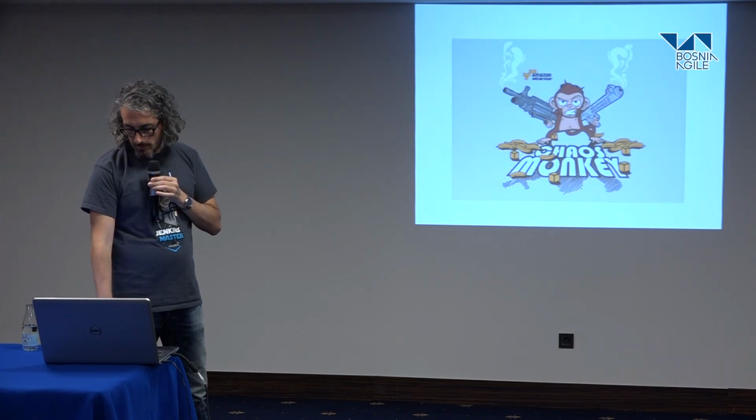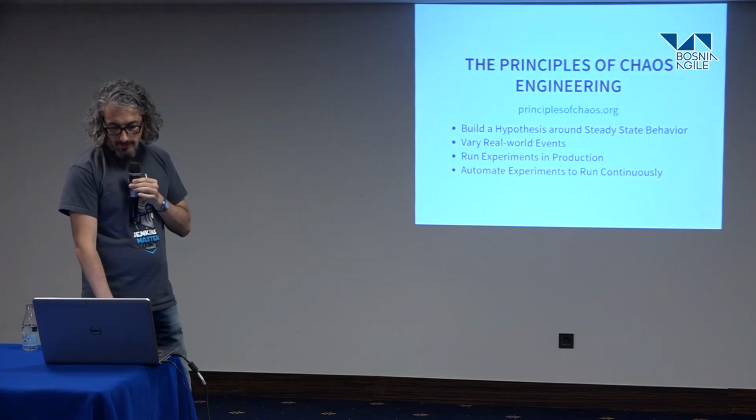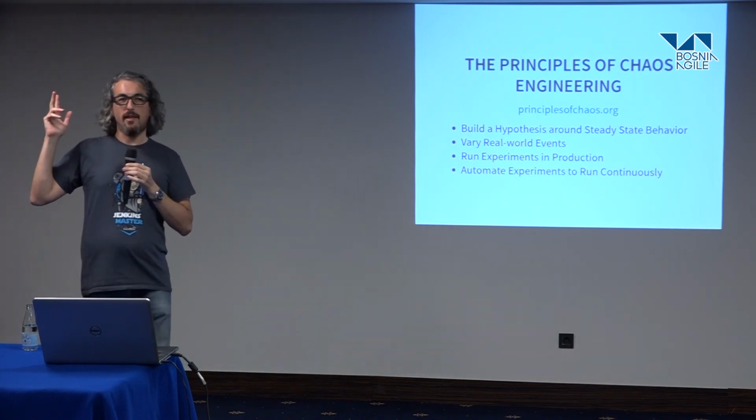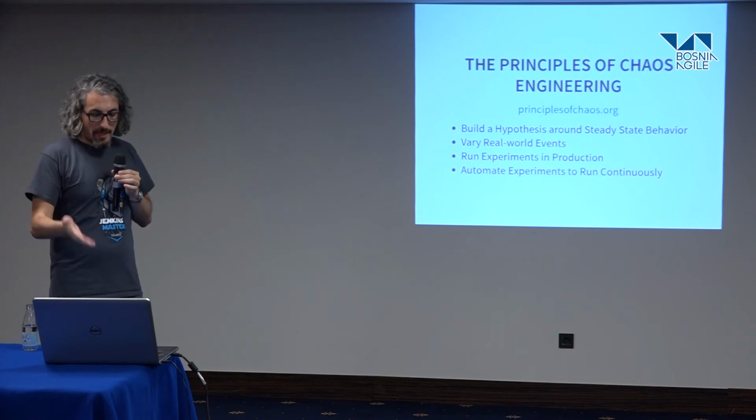And I have a couple of slides here about chaos engineering. Anyone familiar with chaos engineering? Yeah, some people. So this came from Netflix, where they built the Chaos Monkey, basically a service that would kill random servers on their clusters and check that everything was still working. So this is a great way to test on your running production systems.